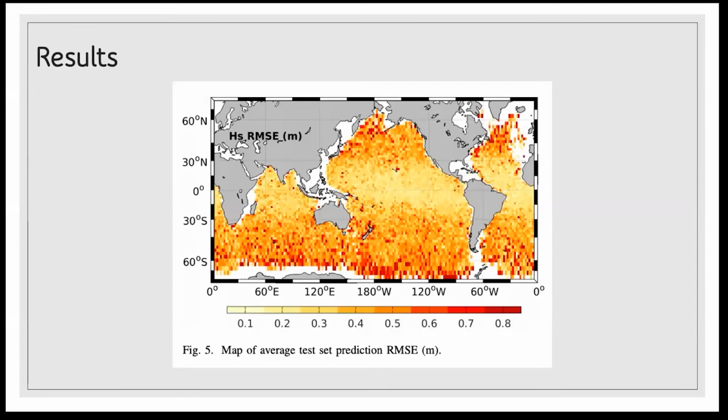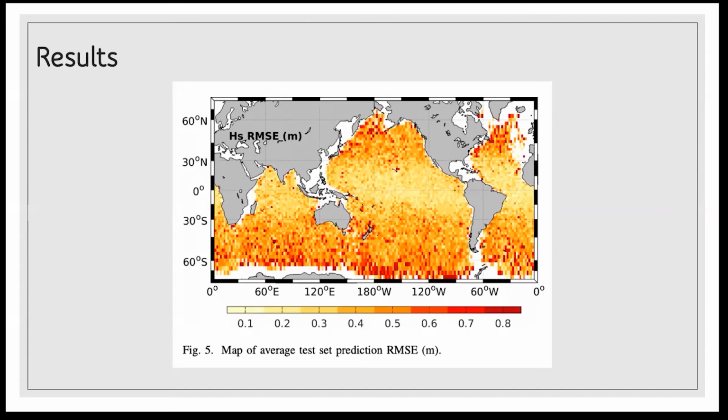We can see here that we visualized our test performance on the map, based on longitude and latitude. Roughly, we see what we would expect. Essentially, where we have the most co-locations, our average test set prediction error is lower.